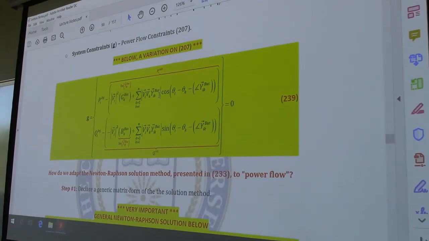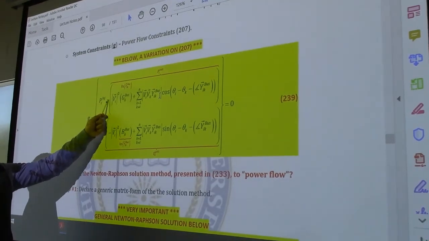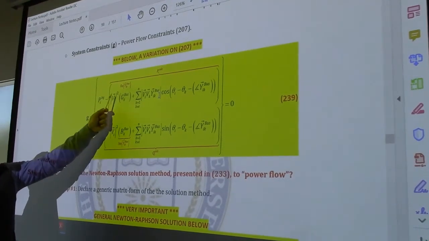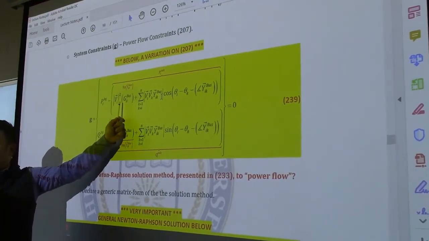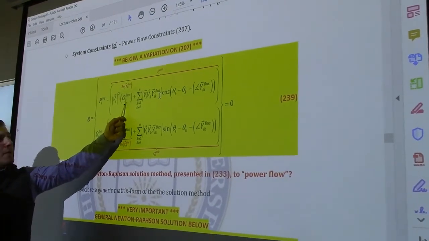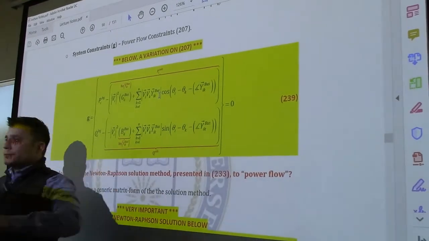So that means it'll be P injection 2 minus V2 squared G22, so the real part of the 2,2 element of the Y bus, plus, now we have the sum.